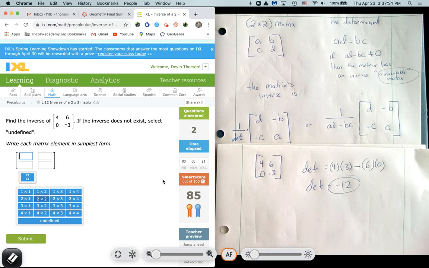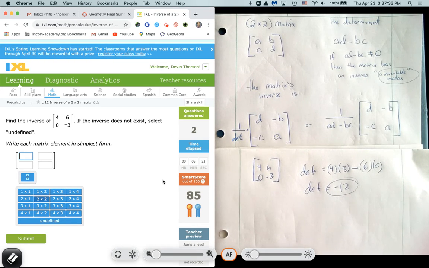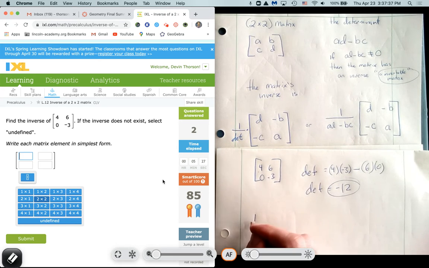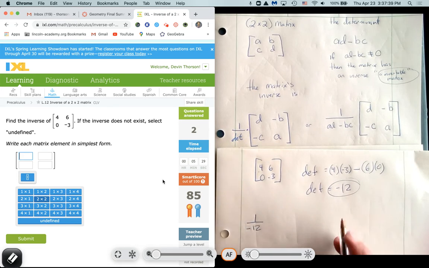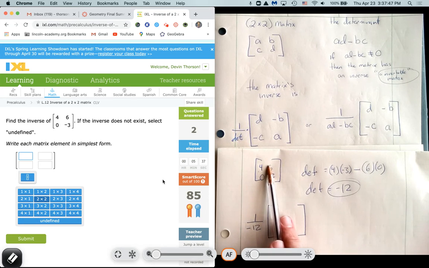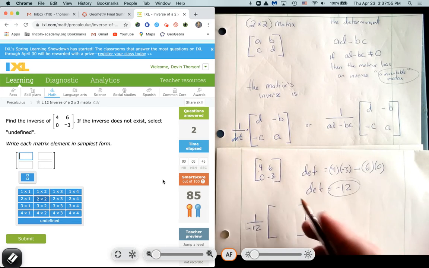And again, the way we find that inverse is we take the reciprocal of our determinant. So yes, I'm going to take 1 over -12. That's the reciprocal of that. And I'm going to multiply it into another 2 by 2 matrix where I take these 4 elements and adjust them a little bit. I'm going to switch the position of A and D. So that top left 4 is going to go down to the bottom right.